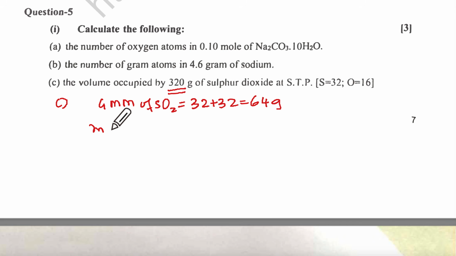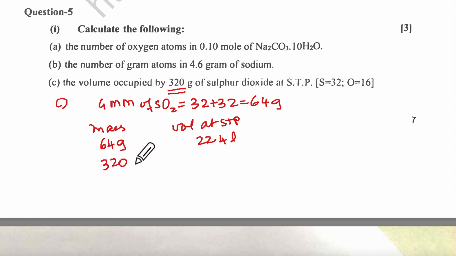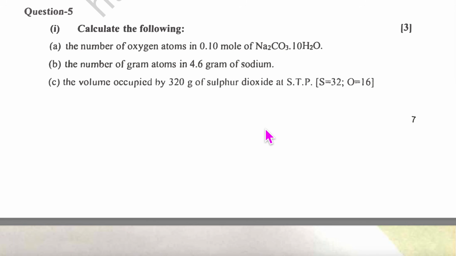Now this is mass and we have the volume. 1 mole means 64 grams. Then volume at STP becomes, tell me? 22.4 liters. Very good. So if it is 320, 320 grams will be X. Now this is how many times? 5 times, no? So this will be 5 times. You can handle that, right? It's a 1 mark question.